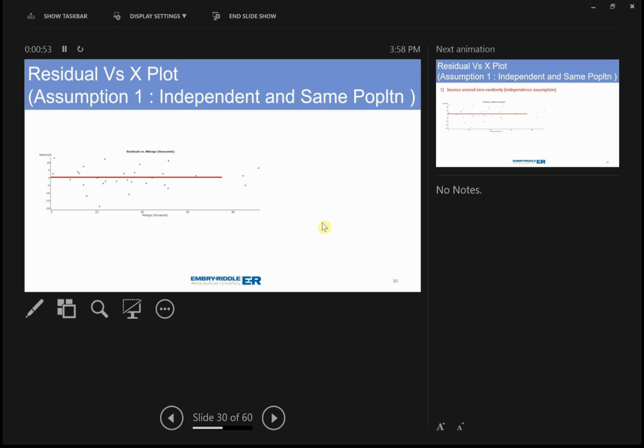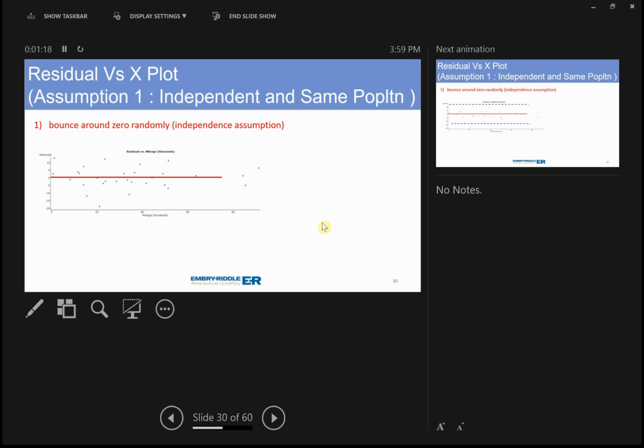Now, what are we looking for? How do we interpret this? Well, we're in our mind's eye drawing a line through 0. And what we want is we want the values to kind of bounce around 0 randomly. So here's what we're kind of looking for. We're looking for two things. First of all, we're looking to see that there's no trend in the residuals.